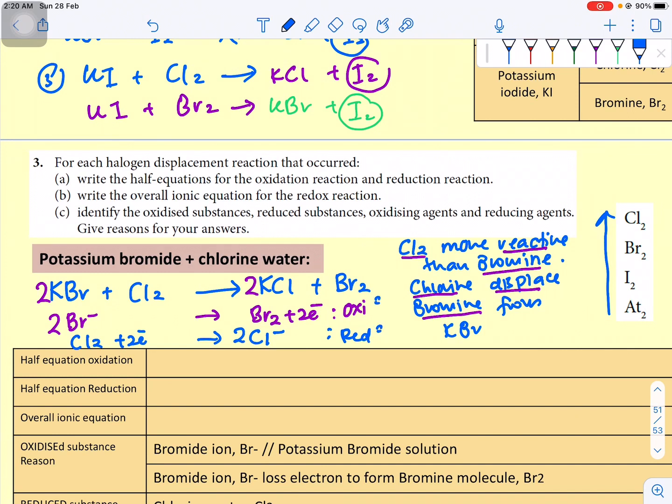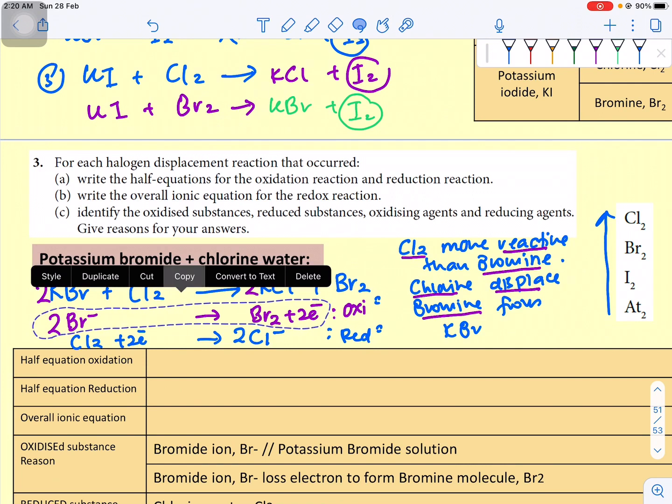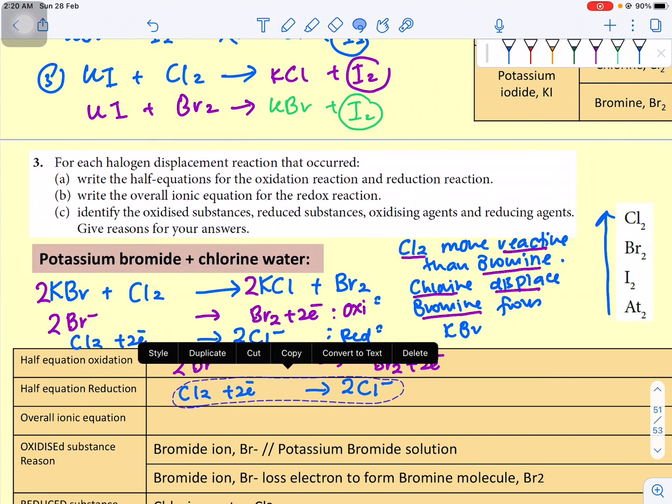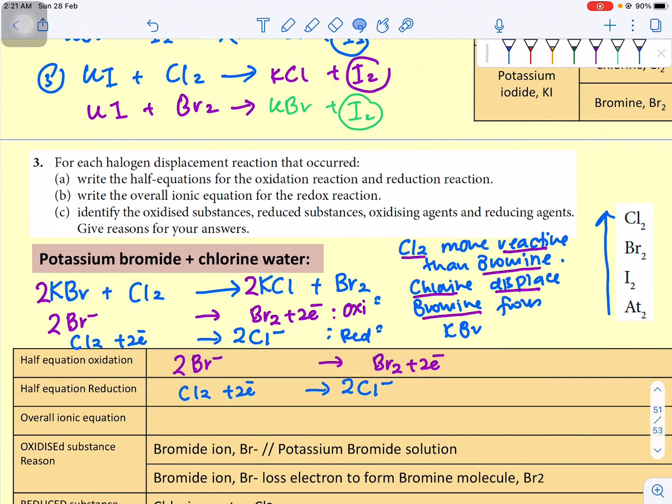Okay. So half equation oxidation kita dah jumpa just now. So we just copy. Okay. And then half equation reduction. Copy this one. So this is half equation oxidation and reduction.